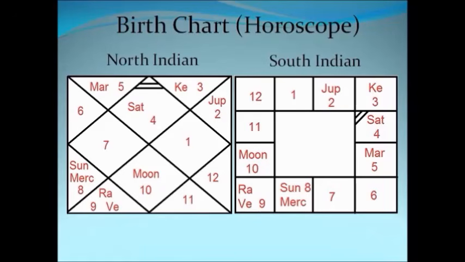The numbers 1, 2, 3 up to 12 mentioned in different houses are actually the numbers assigned to different rashis. You will come to know about these 12 rashis in session 2. The square along with these 12 houses as shown in the diagram is the pictorial representation of the zodiac in South Indian form.